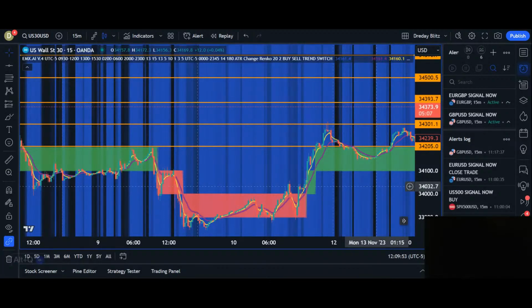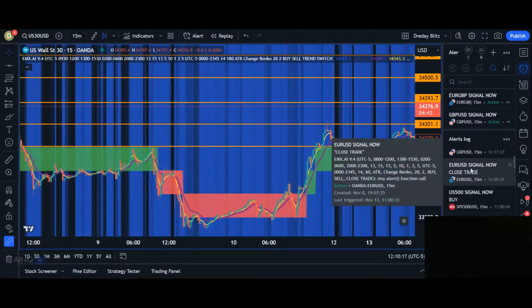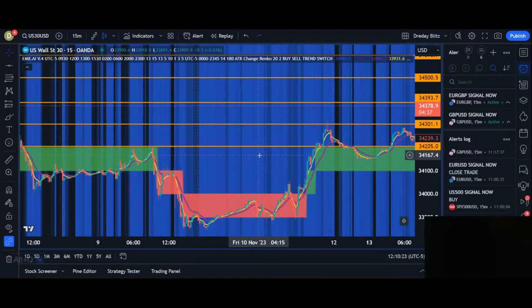Like I said, me personally, I take my trade and I get out when the price reverses. So when the Renko bar reverses and I get a signal that says close trade, this is when I close my trade. That's why I put close trade on the signals. If you look on the right side, you're going to see close trade. Close trade means that the market is switching from one direction to another.